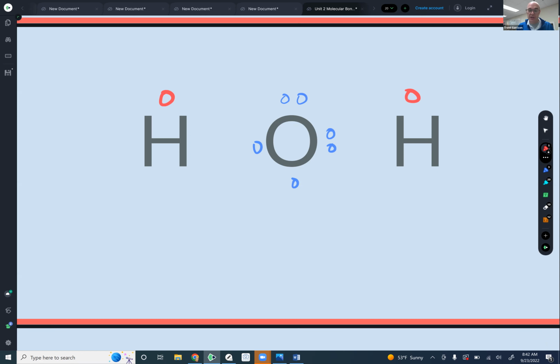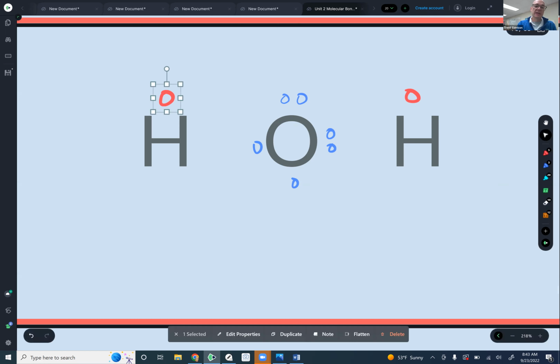So now what we're trying to do is show how they bond. I'm going to move this electron, and I'm going to move that electron over here to show that it is bonded with this electron. They are sharing. And I'm going to move this electron over here.